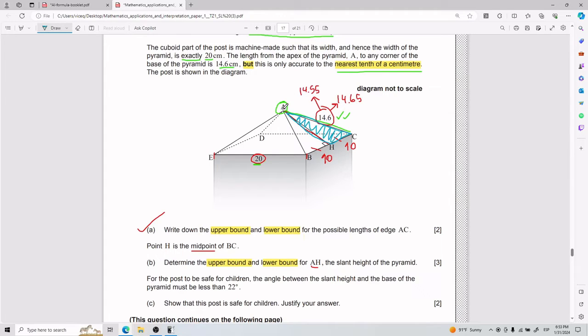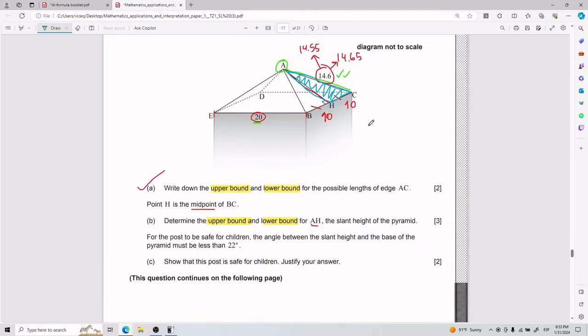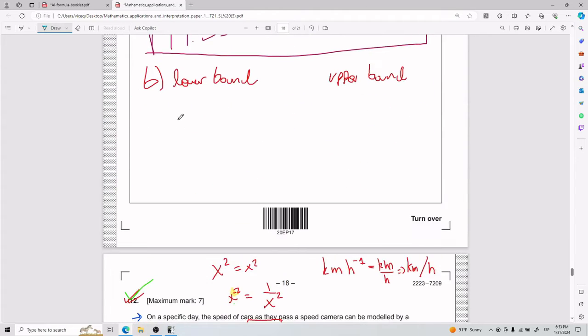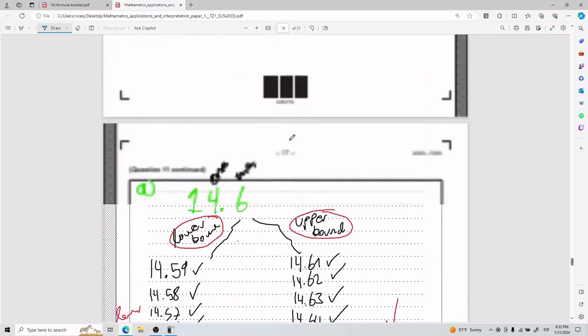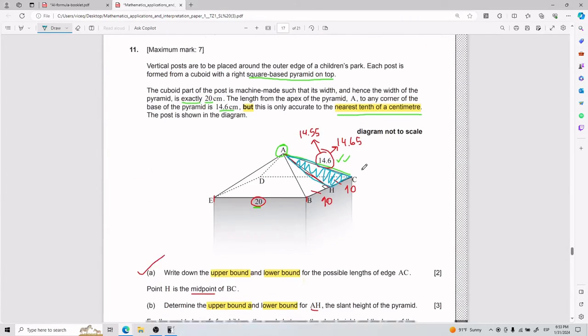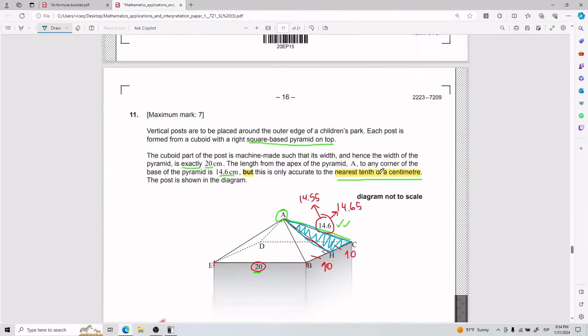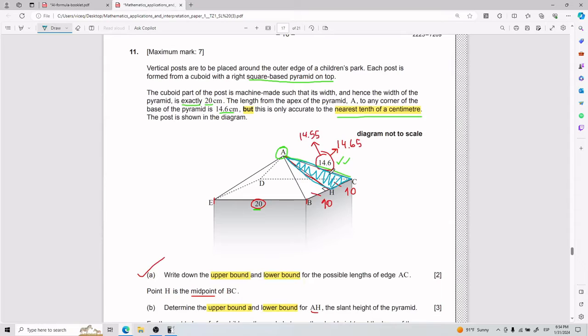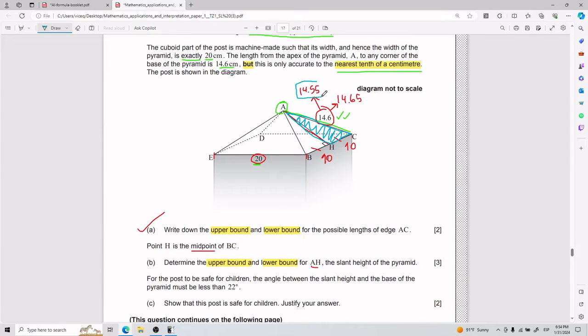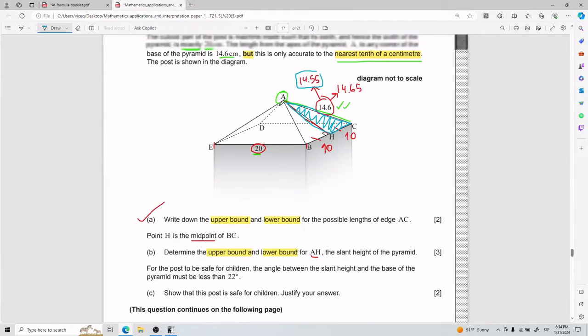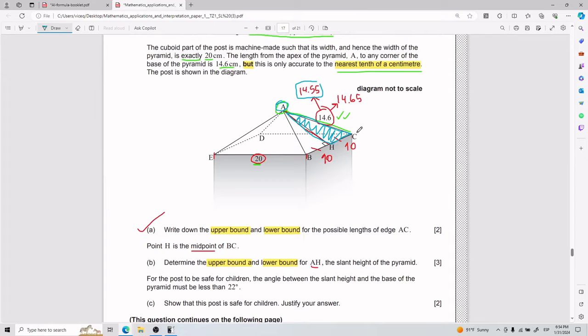And so that triangle has points A, H, and C. So for both, following my diagram, I have A, then I have H, then I have C. So it's going to be A, H, C. And for the other one as well, I'm going to have A, H, C. And now go ahead and put everything you know about that triangle into your graph. So for the lower bound version, we have 14.55, which is AC, from A to C.